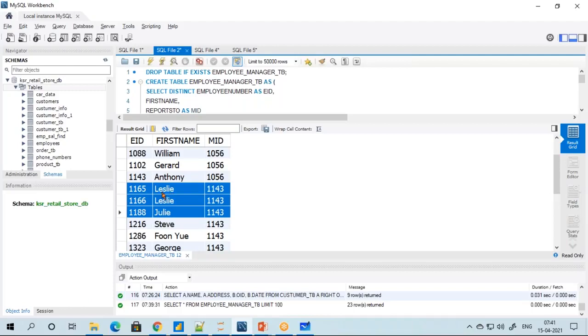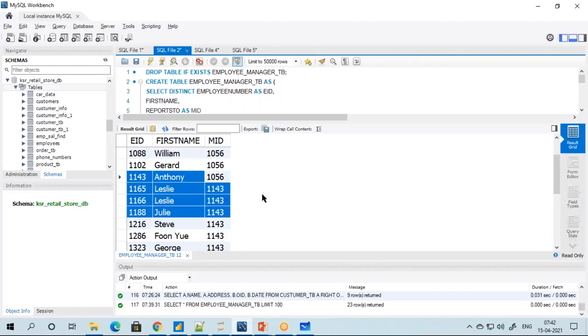Lacey is 1165, 1166, 1181 Julie. All these three people are having a common manager. Who is that manager? Anthony. So what is basically happening is, I have an employee ID, I have a name, and I have a manager. Everyone belongs to the same table.